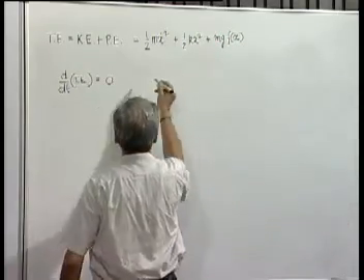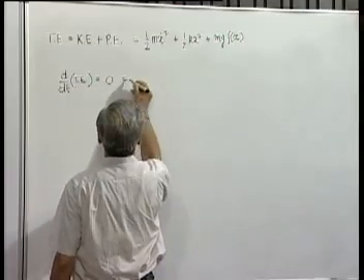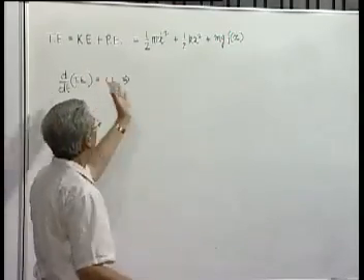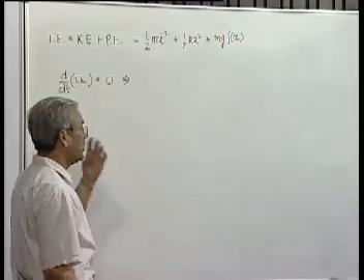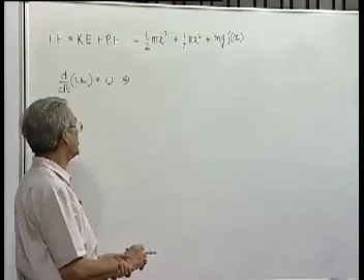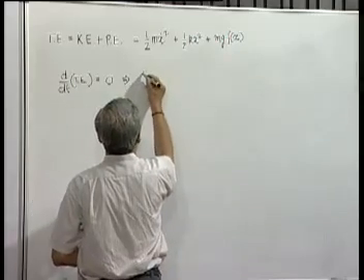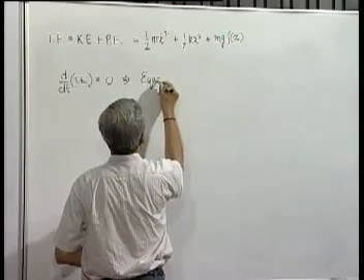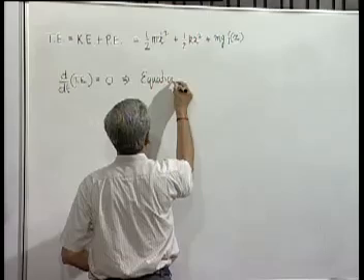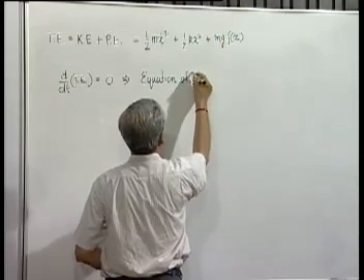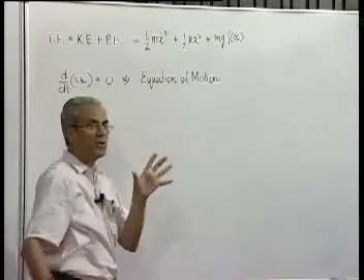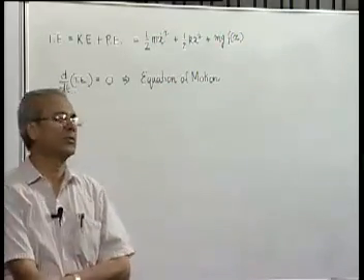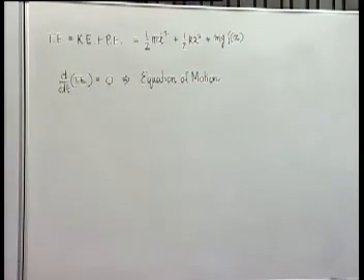So, differentiating this, we will get an equation in terms of x and its derivative, which is nothing but the equation of motion. So, we have derived the same equation of motion without taking help of free body diagram and the Newtonian approach.